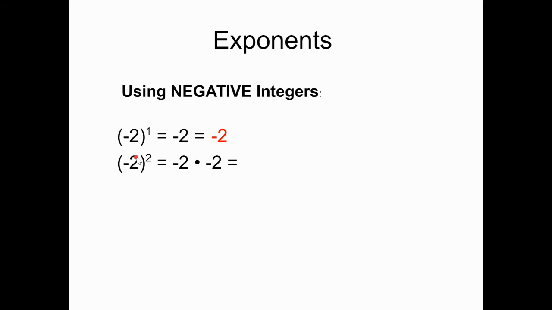Negative 2 to the power of 2 means negative 2 times negative 2. And negative 2 times negative 2 is a positive 4. Negative 2 to the power of 3 means negative 2 times negative 2 times negative 2. And if I do the math out, negative 2 times negative 2 is a positive 4, and a positive 4 times a negative 2 is a negative 8.